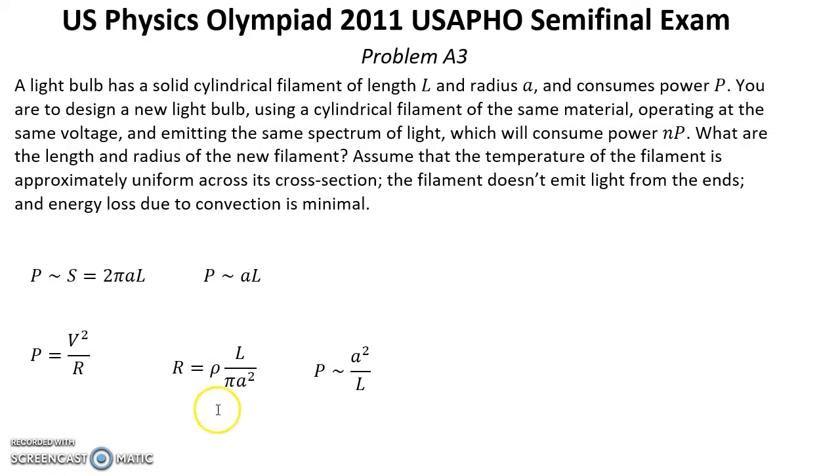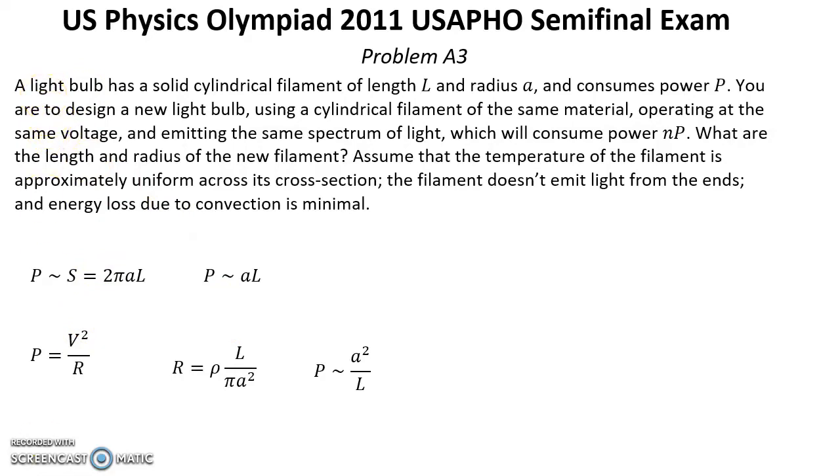And now we can combine these two powers, because emitting power must be equal to produced power. Otherwise, we will get destruction of the bulb, or we will not have enough emissivity.